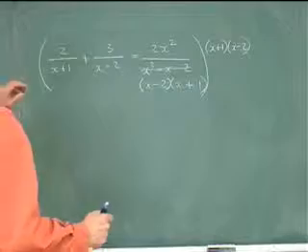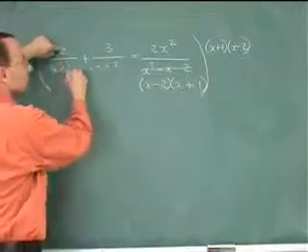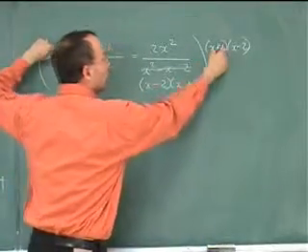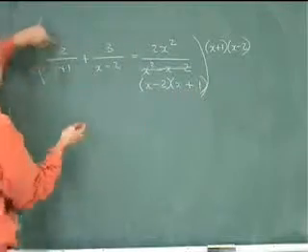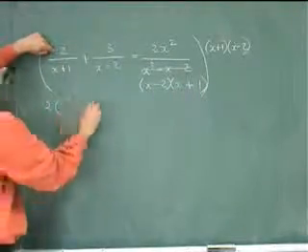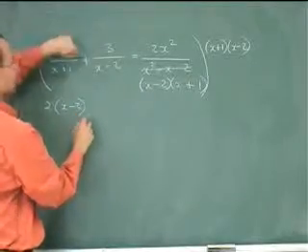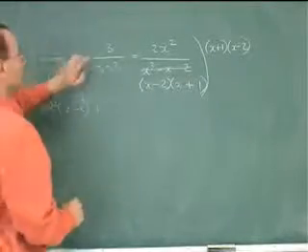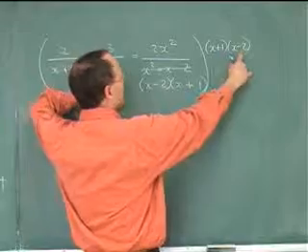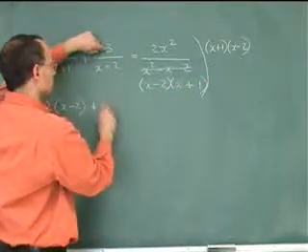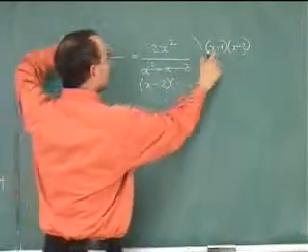So what's going to happen is the first term times these two, well, the x plus 1s will cancel. I'll be left with a 2 and an x minus 2. Then I'll have plus. Now the x minus 2s will cancel, and I'll be left with the 3 and the x plus 1.